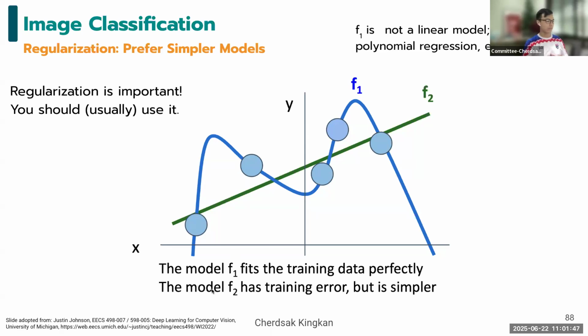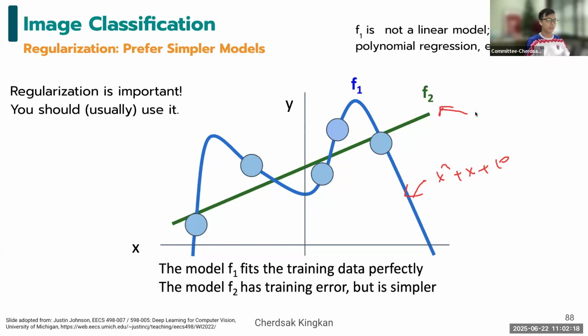F1 would be a very complex equation, some polynomial regression, for example x squared plus x plus 10, something like that. So this is the equation of this blue model.